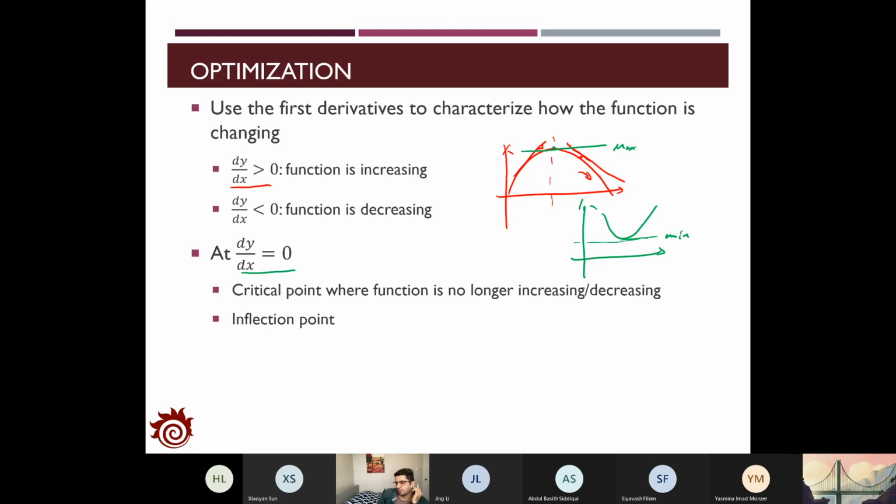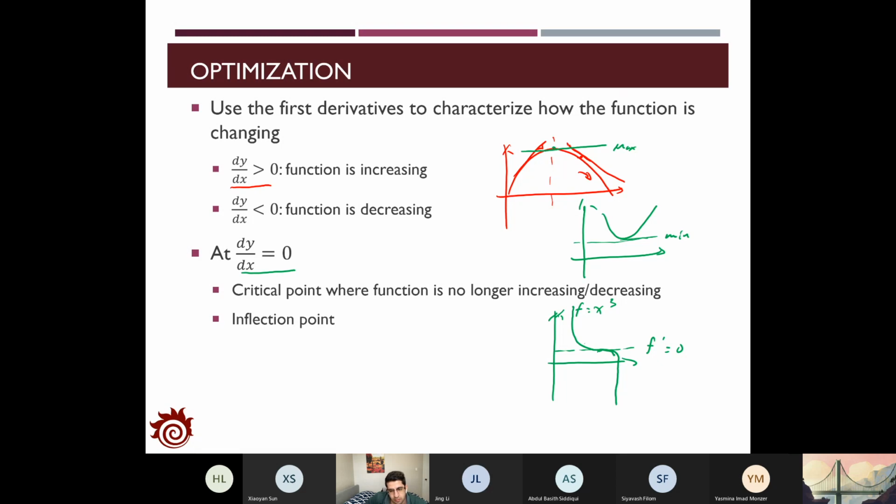It's also possible to be an inflection point, related to some higher order functions. For example, for the third order function, this could be x cubed. I may not draw this one quite well. At this point, the value of the first order derivative is also 0, but it's neither the maximum nor the minimum.